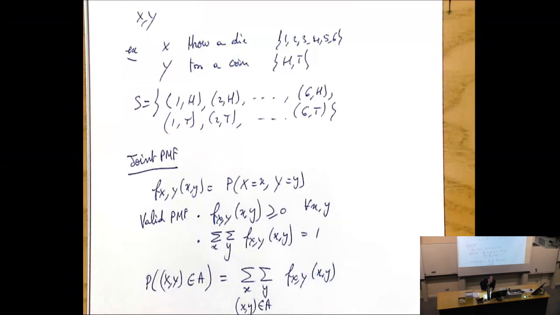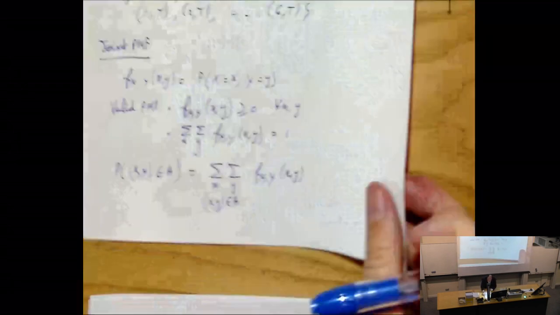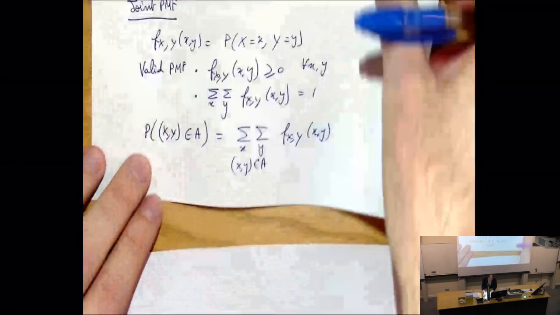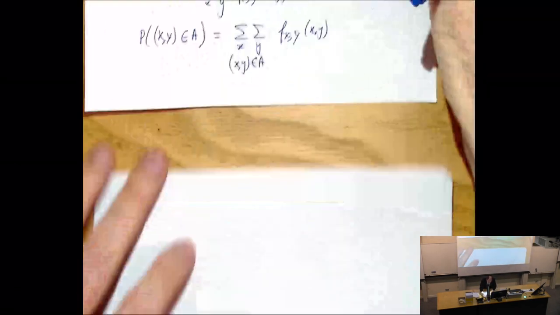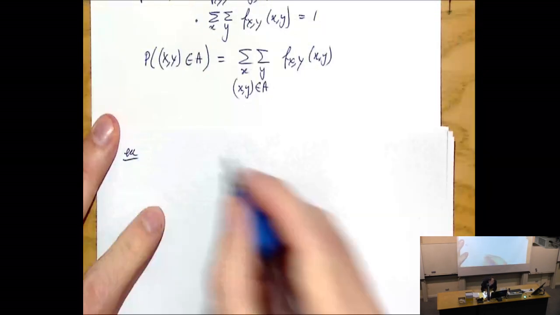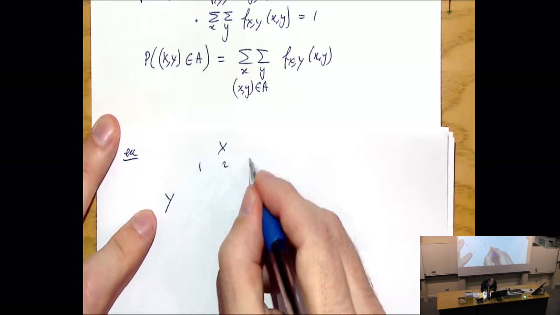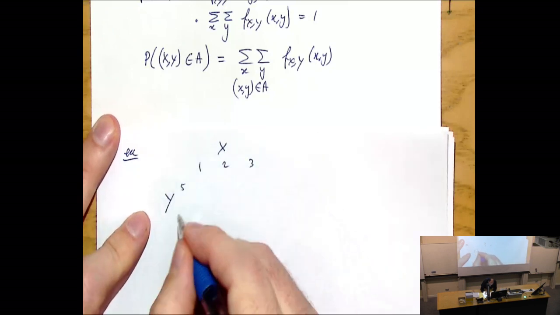I can give you an example right away. So if I have two random variables X and Y, where X can take different values, 1, 2, 3, 5, 6, 7.